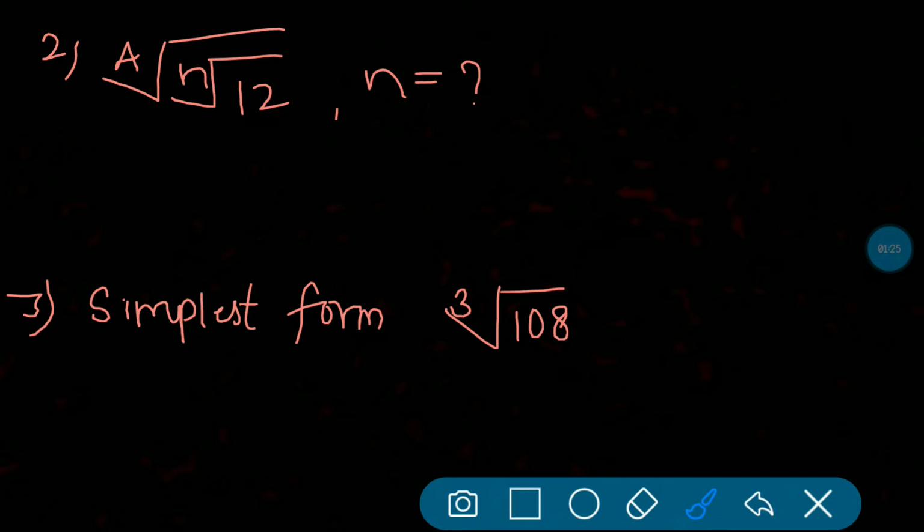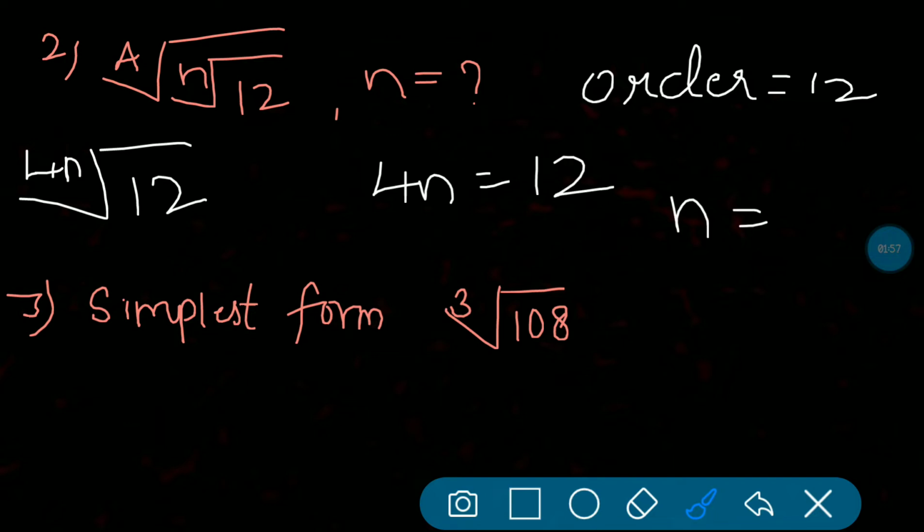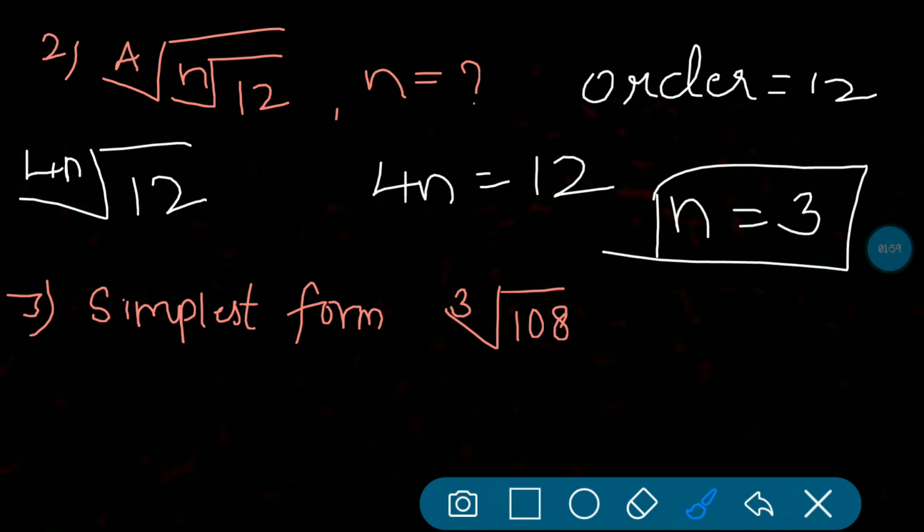So using that, similarly, here we are going to just write it as 4n to the root 12. Obviously this 4n will be equal to 12, because its order is also 12. They told in the question the order is 12. So 4n equals 12 because it is the order. Now n is equal to 12 by 4, n is 3. Clear?